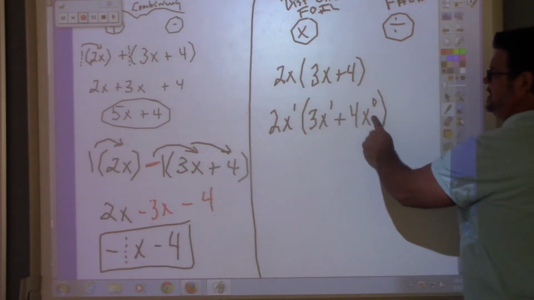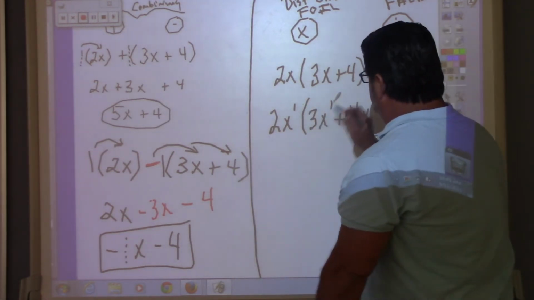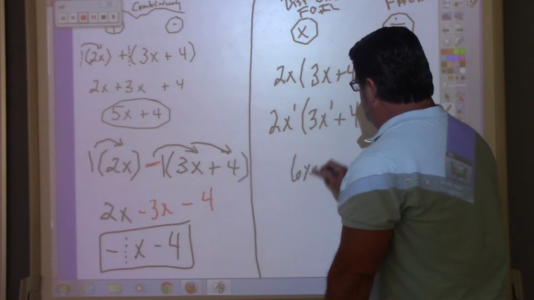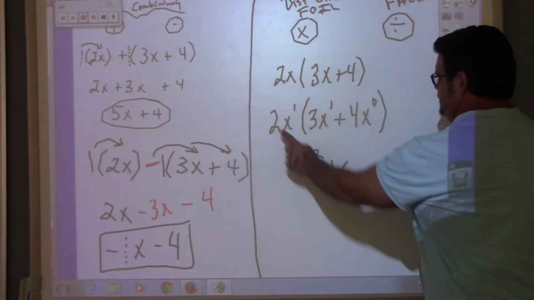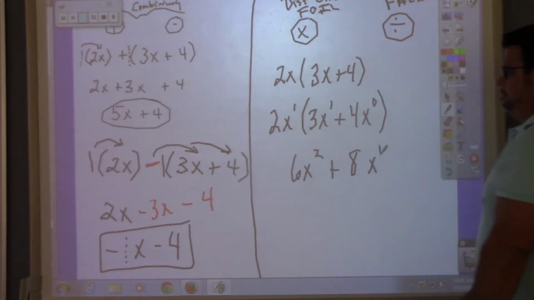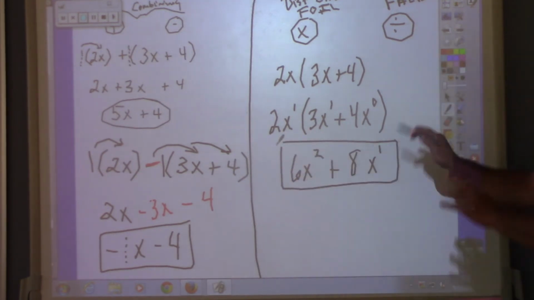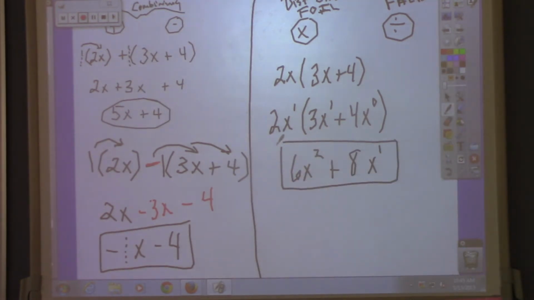They forget that this is x to the 1 and they just sit there and stare at it. So 1 plus 1, 2 times 3 is 6x squared plus 4 times 2 is 8x. And 0 plus 1 is 1, and that's your answer. Now what we're doing now is simplifying because there's no equal sign. But if you put an equal sign, then we're talking about solving. But right now, I'm just making sure everybody gets the cobwebs loose with this.